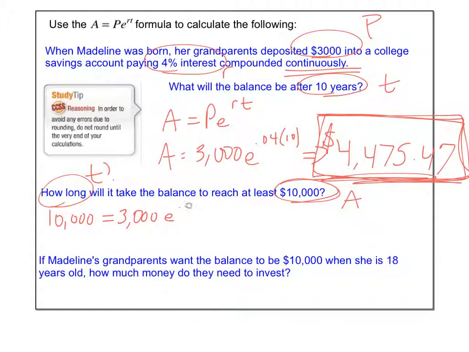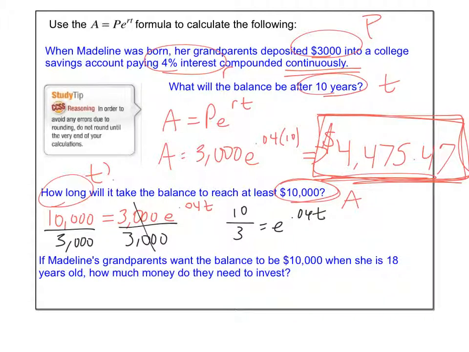My rate didn't change. And t is what I'm trying to solve for now. First things first, let's divide both sides by 3,000. And I have 10 over 3 equals e to the 0.04t.